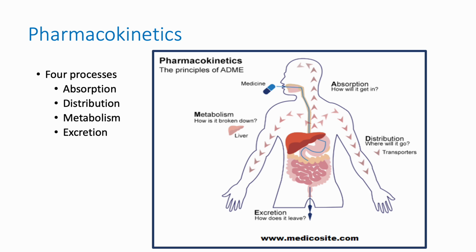We're also going to talk about distribution. Distribution is the transportation of a drug in the body fluids, usually the bloodstream, to the various tissues and organs of the body. Because blood goes to all parts of the body, theoretically, a drug can produce effects anywhere, whether intended or unintended. The rate of distribution depends on the adequacy of local blood flow in the target area, wherever you want that drug effect to occur.